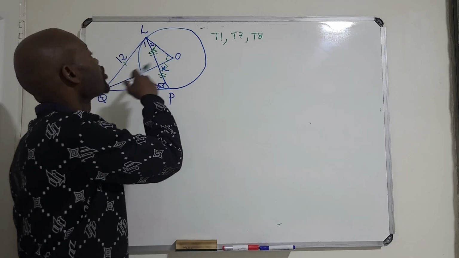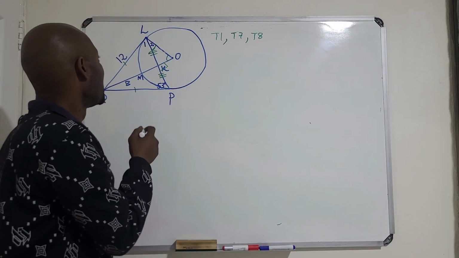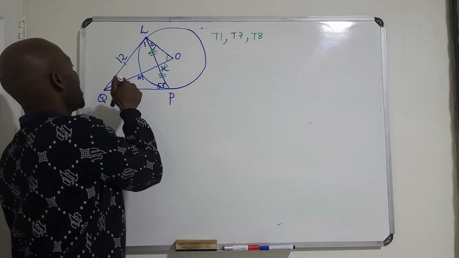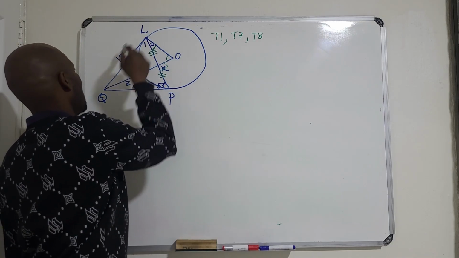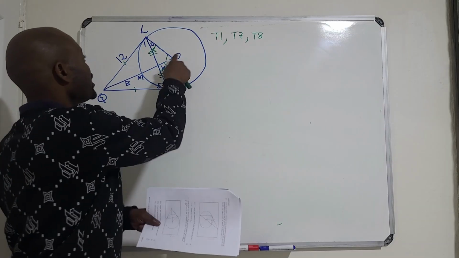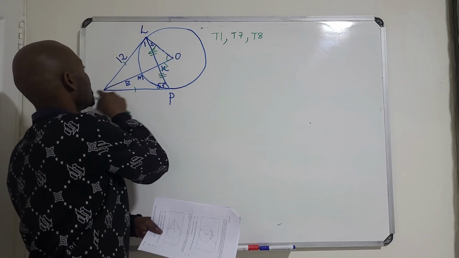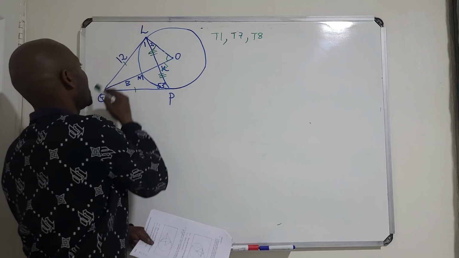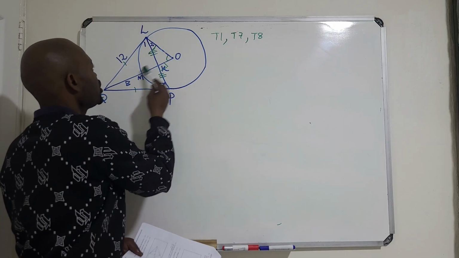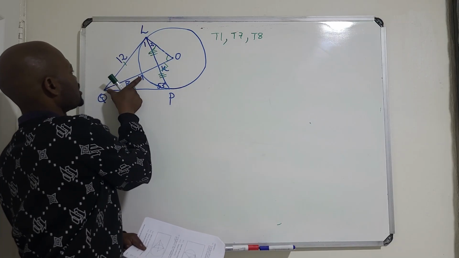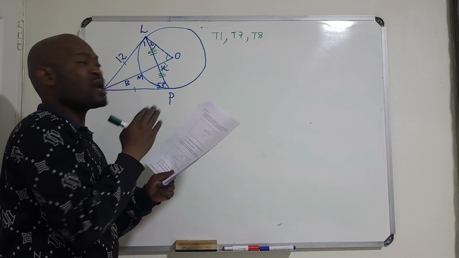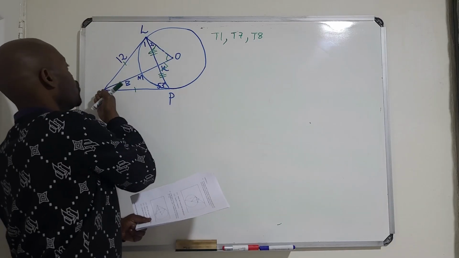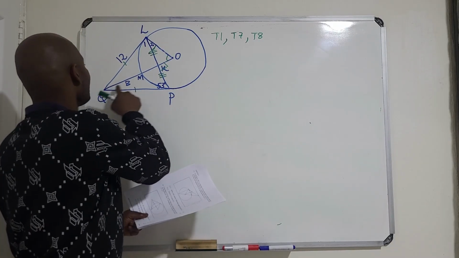Here, the hypotenuse of the right-angled triangle LQO is not given as a whole OQ. We are only given MQ, which is 8.